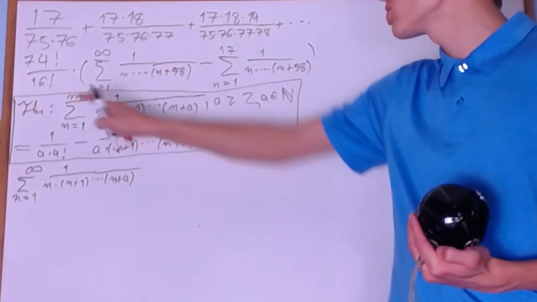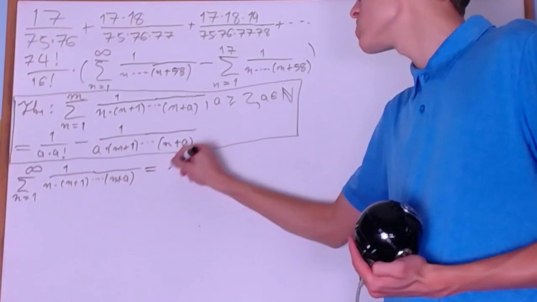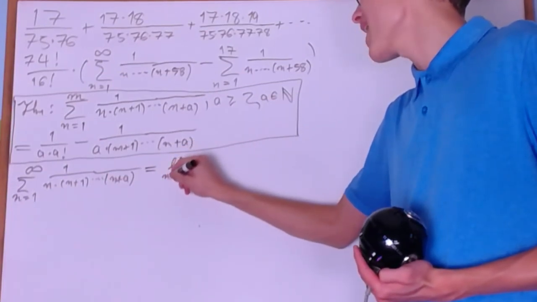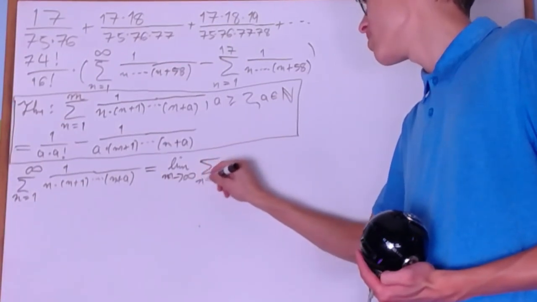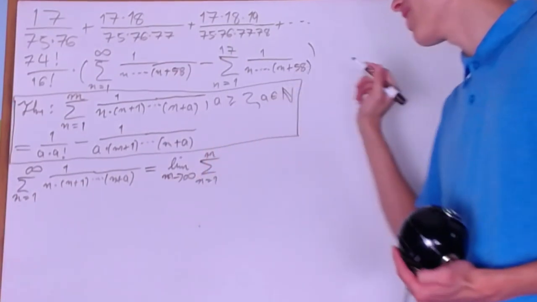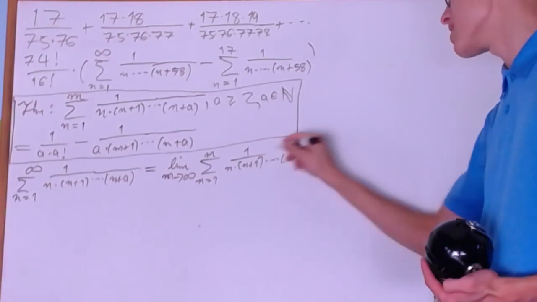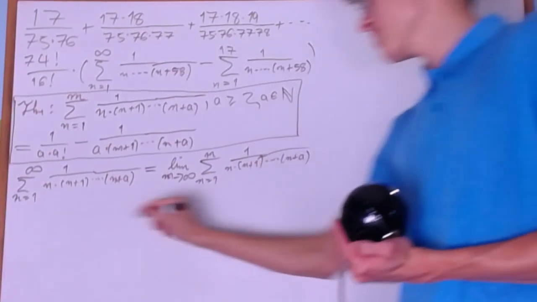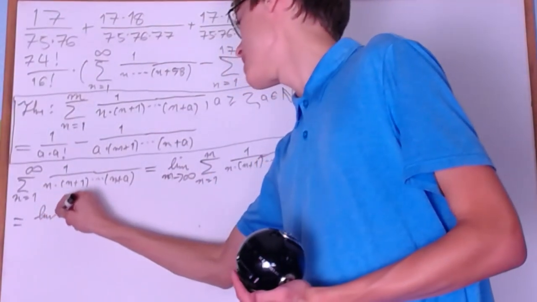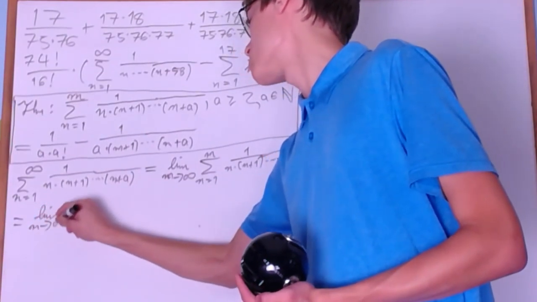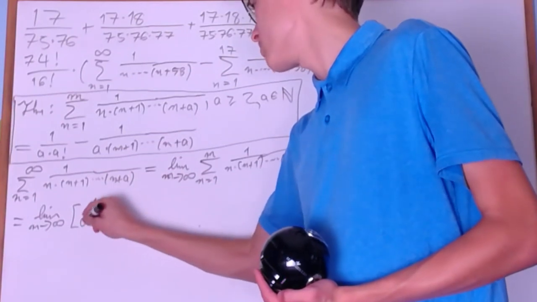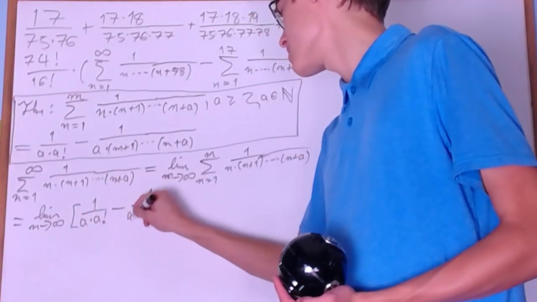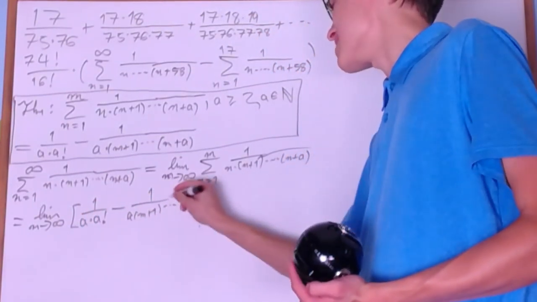We have the partial sum formula, and so we just do the limit as m approaches infinity of the sum from n equals 1 until m. And again, right there we have a formula for that. This is the limit as m goes to infinity of 1 over a times a factorial minus 1 over a times m plus 1 all the way up until m plus a.